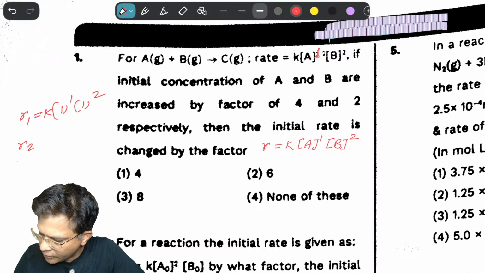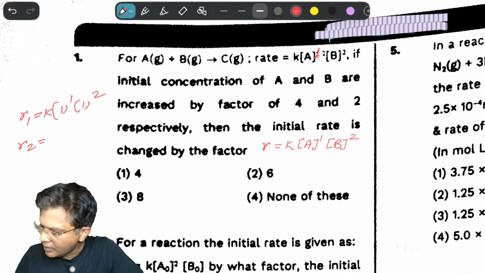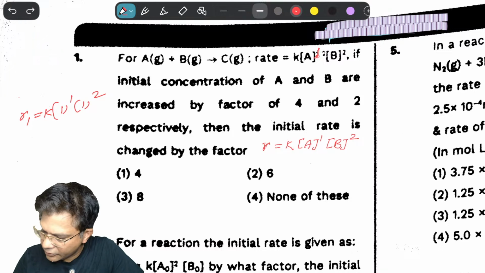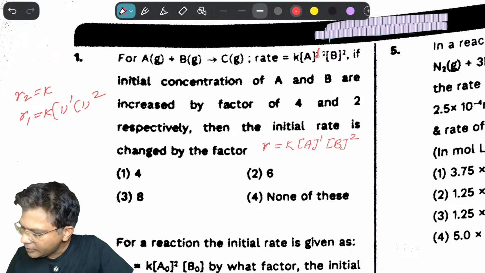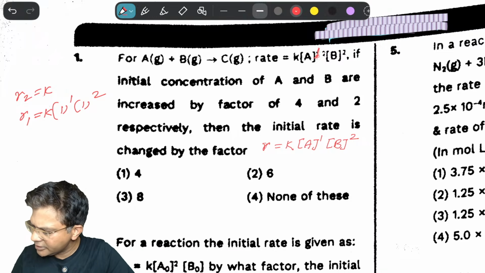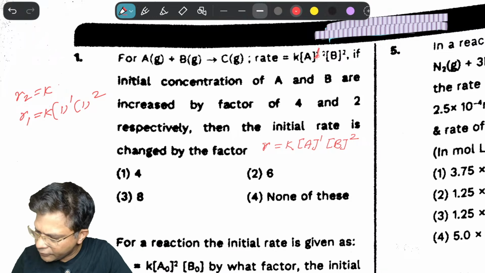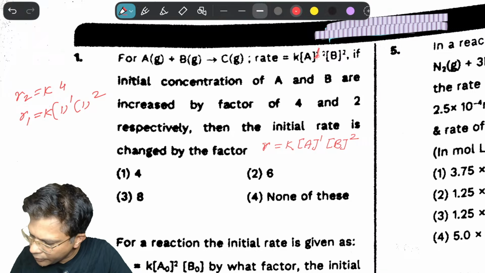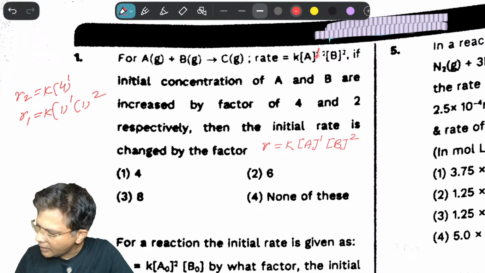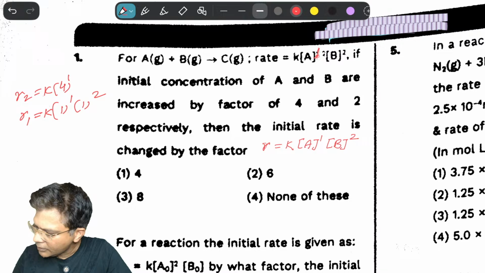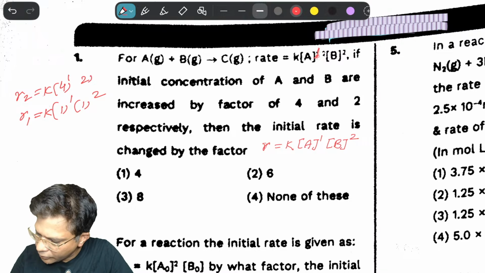And R2, if we are increasing the concentration, will come out K, with the initial concentration increased by factor of 4 raised to power 1 and 2 raised to power 2.